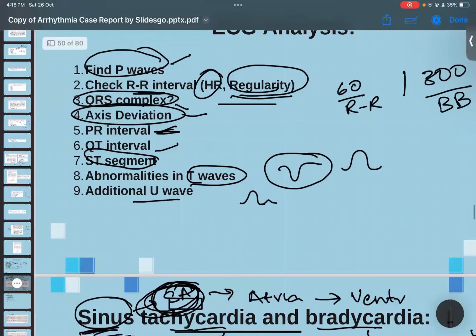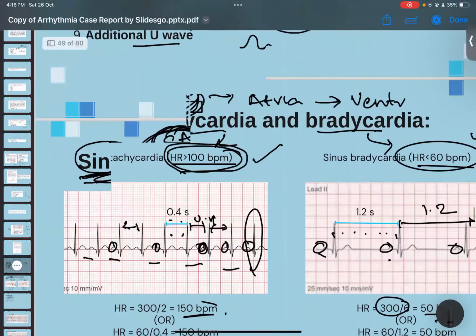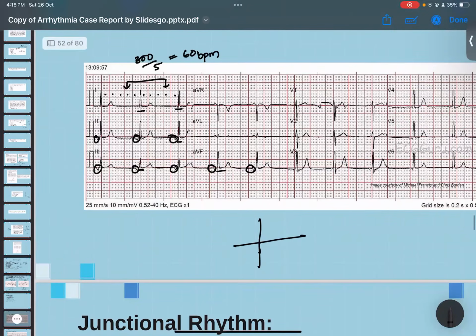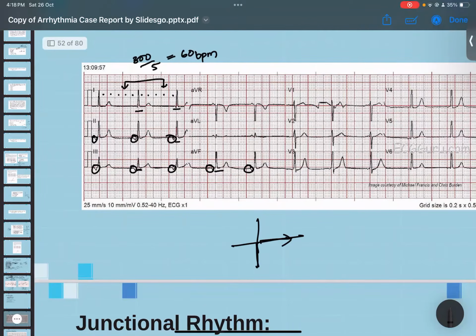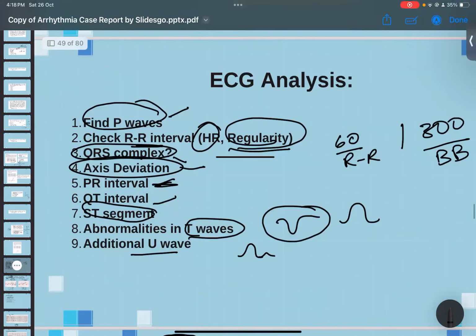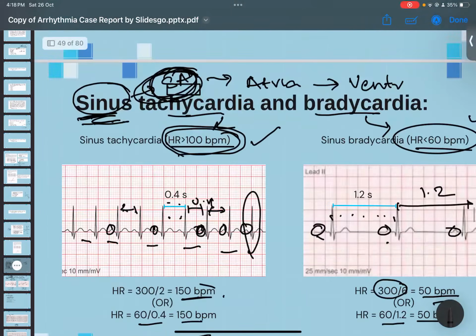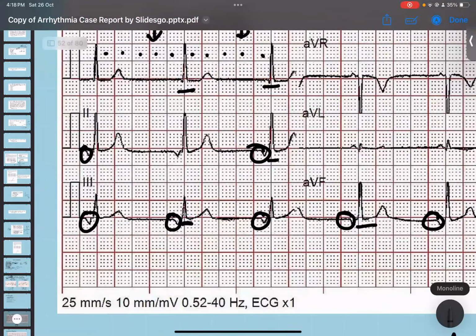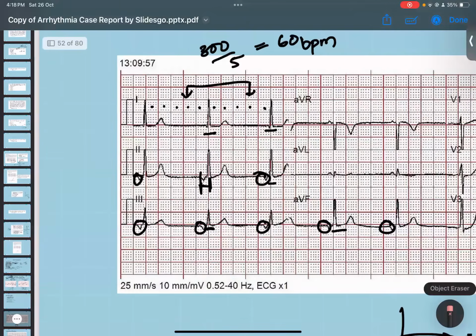Okay, and then you want to check for axis deviation. So let's see. Lead 1, positive deflection, vector goes here. aVF, positive deflection, vector goes here. No axis deviation, the axis is normal, okay? Then you want to check the PR, QT, and ST segments, etc. So the PR is supposed to be around 3 small boxes or 1 big box, and clearly this is smaller than 1 big box, so these are all normal PR intervals.